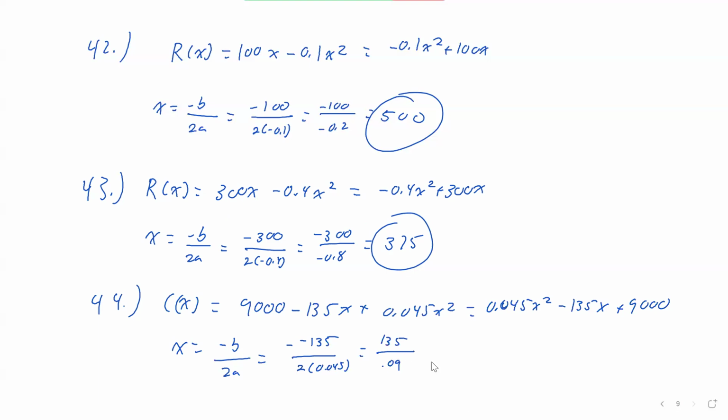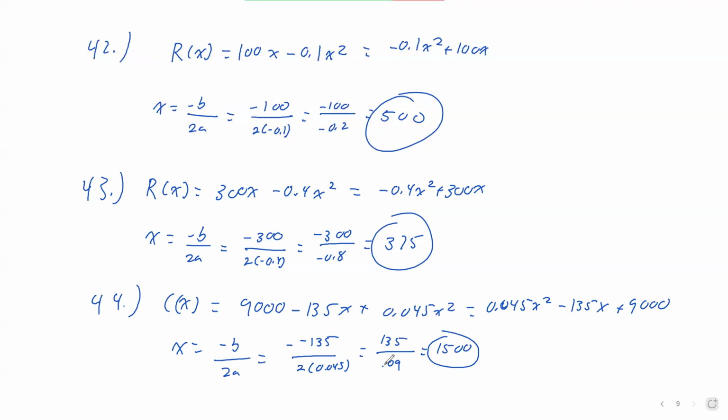I'm going to verify. So that's 0.045 times 2 is in fact 0.09. So I'm going to take 135 divided by 0.09, and it's 1,500. So in this case, 1,500 cars is what will minimize my cost to have the smallest amount of cost. I need to sell at least 1,500 cars.